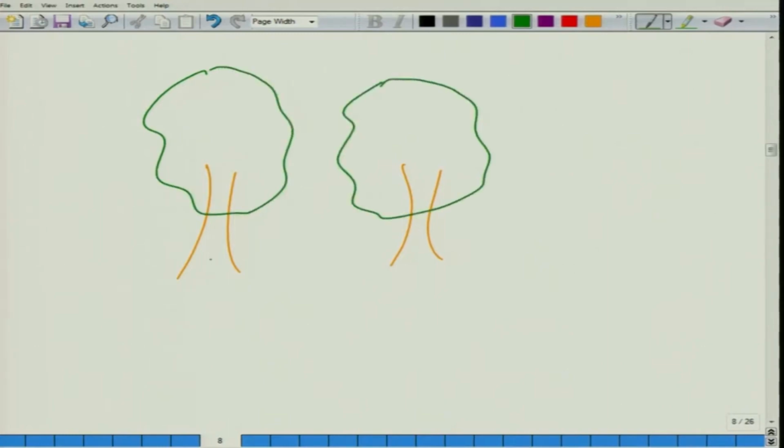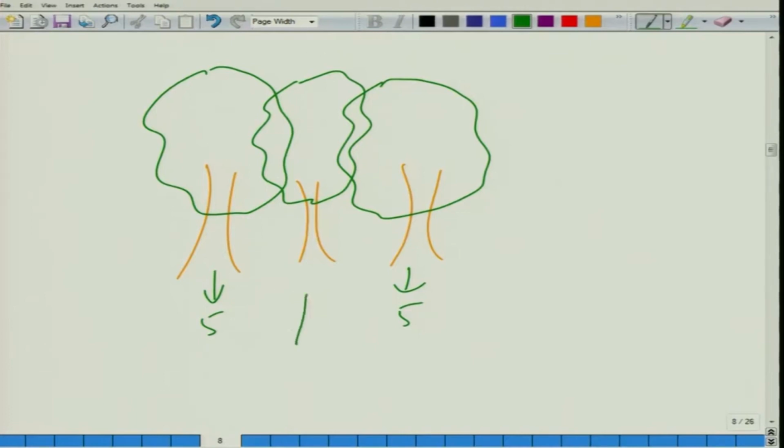In this case, the first tree will have a value of 5, and the second tree will also have a value of 5. Whereas, if you now included a few other trees in between, so suppose your stand is very dense, it grows like this, and similarly on this part and on this part we also have trees.